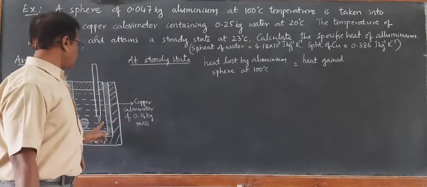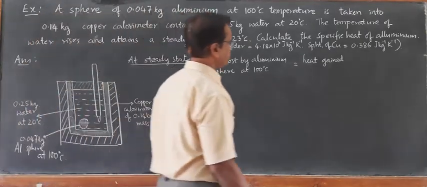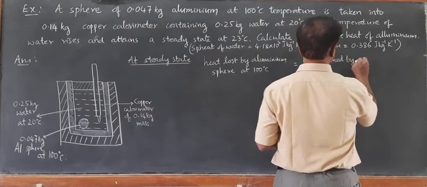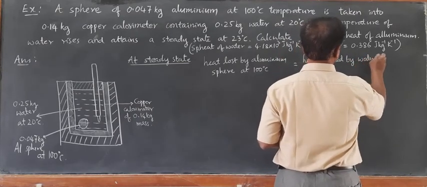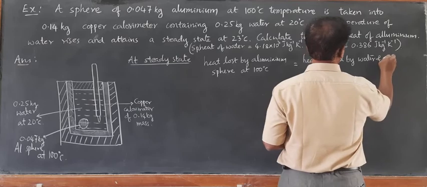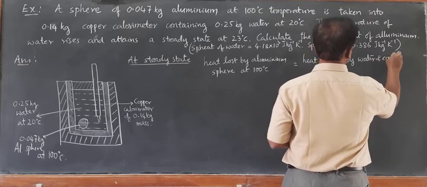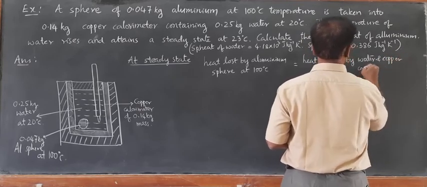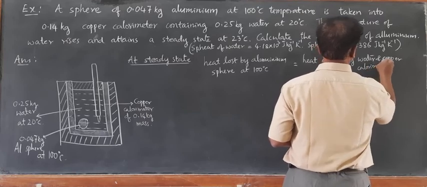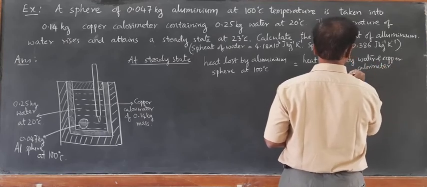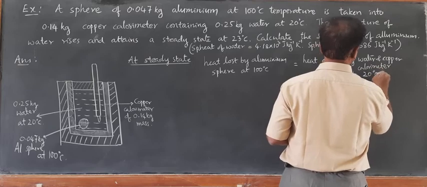One is water and another is the calorimeter. Heat gained by water and copper calorimeter, both at temperature 20 degrees Celsius.